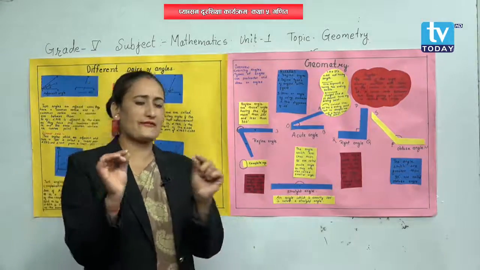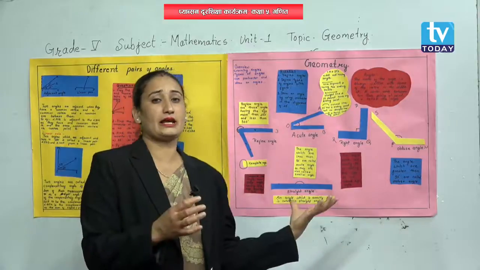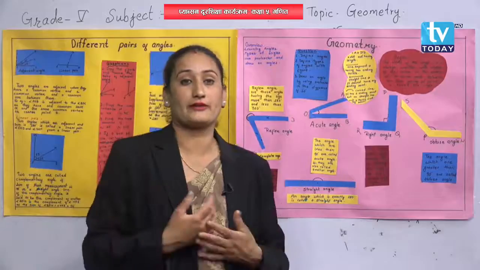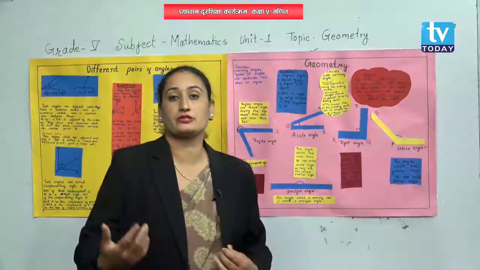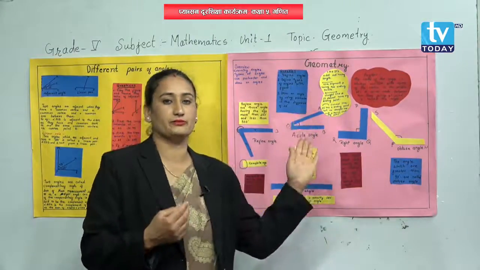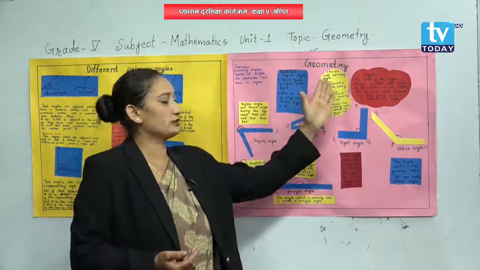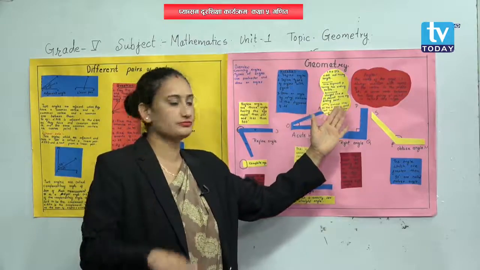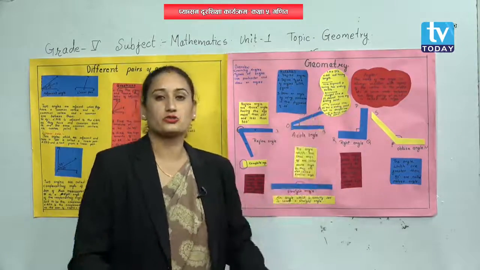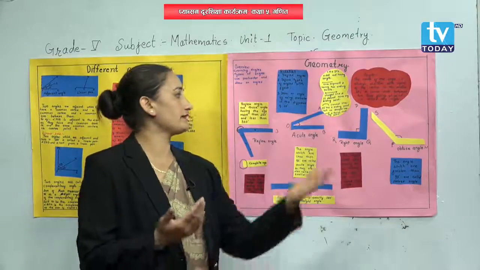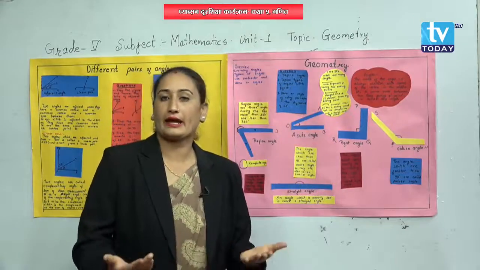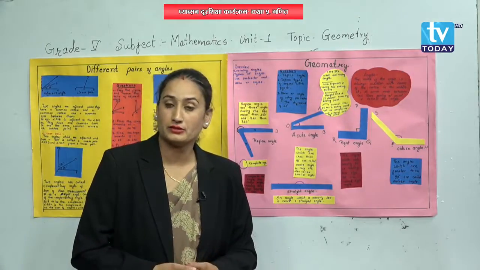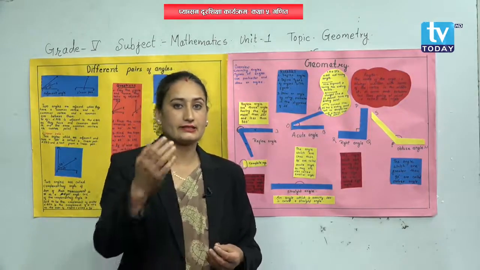Now let's have a slight view of this one, and we are going to learn about different pairs of angles. First let's review. We have learned about dot, line segment, straight line, curved line, then ray and angles, defining angles, angle types.